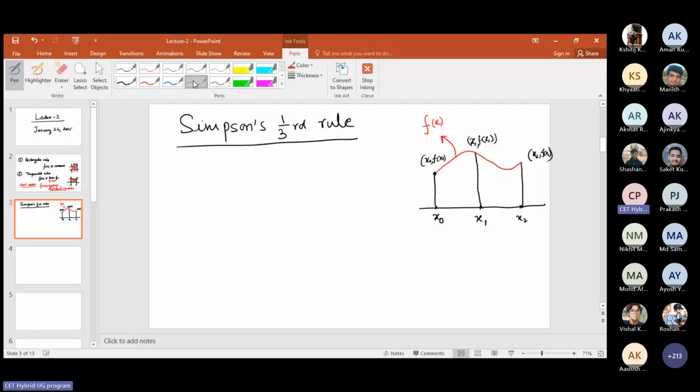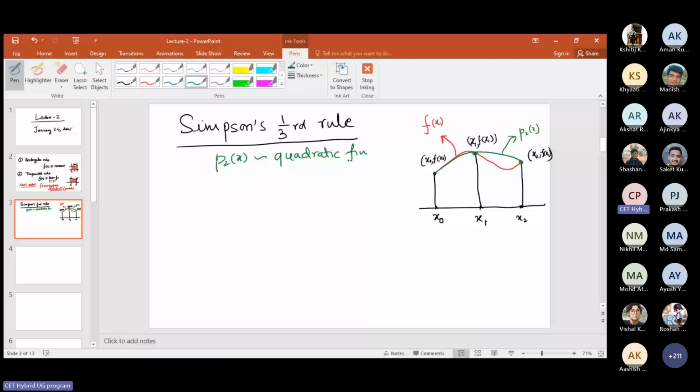Whereas I want a parabolic relationship between these 3 points. As I told you, I can generate a parabola passing through these 3 points. So I am drawing a parabola now. This green color curve is a parabola, P2(x), meaning a quadratic function passing through these points.